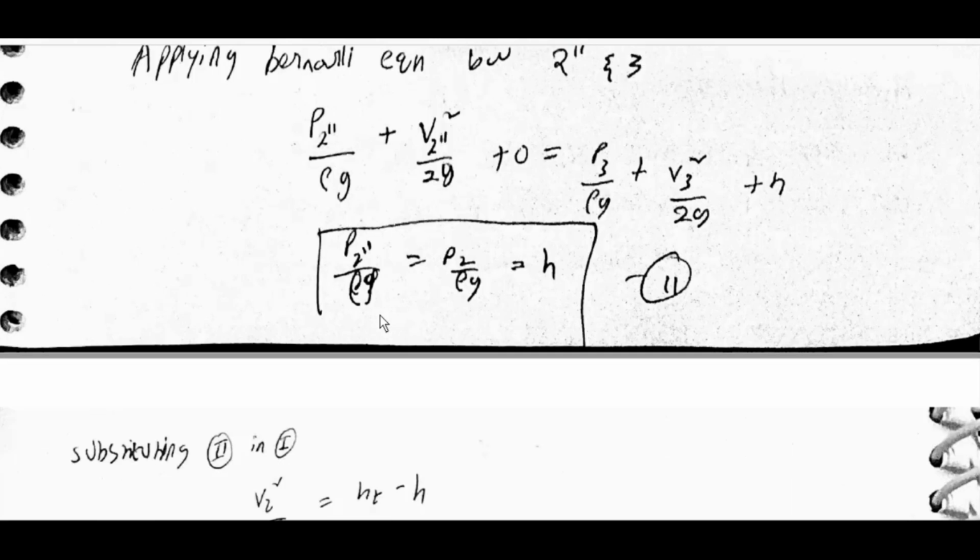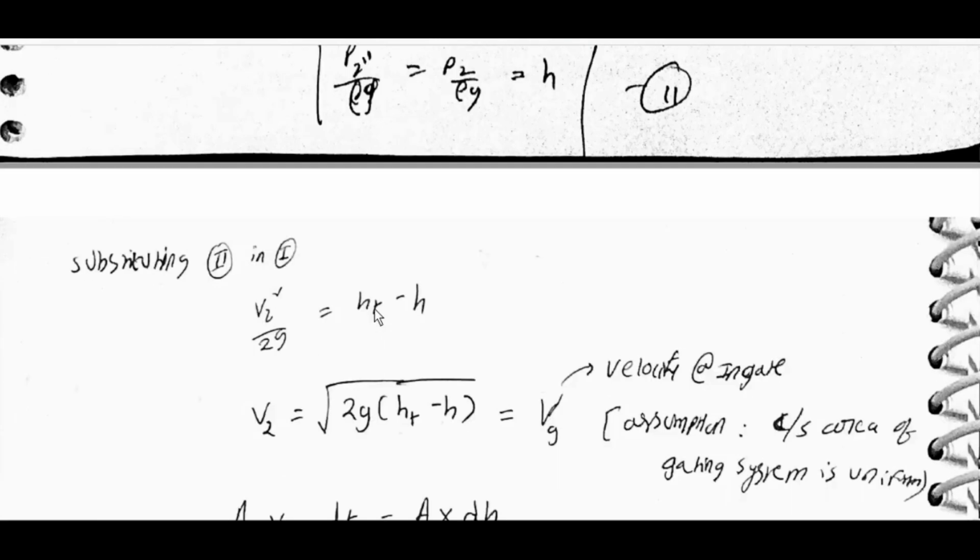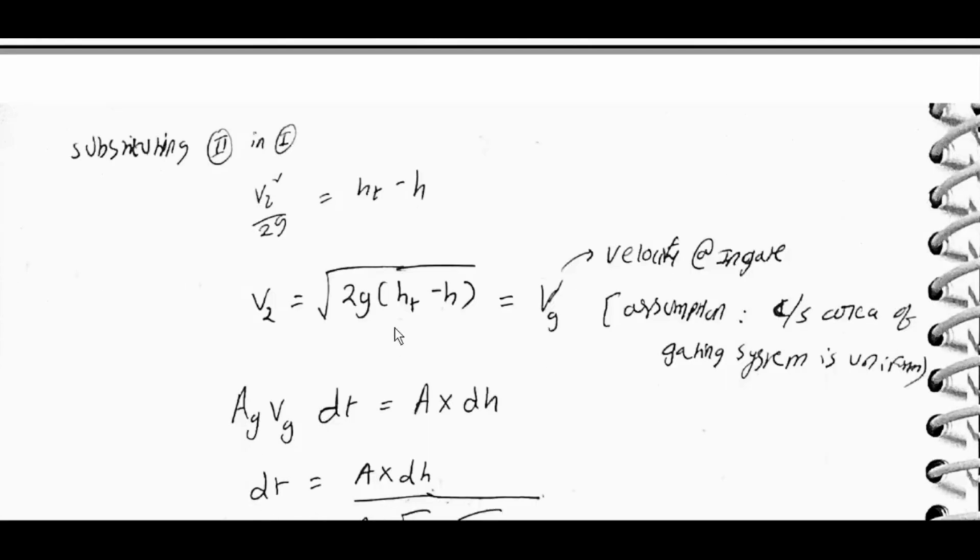From 2 and 1, V2 square by 2g is equal to Ht minus H. V2 is equal to root of 2g (Ht minus H), which is Vg, velocity at ingate.